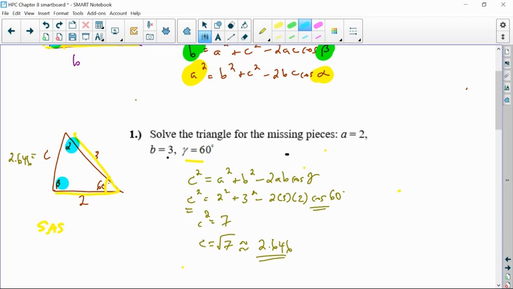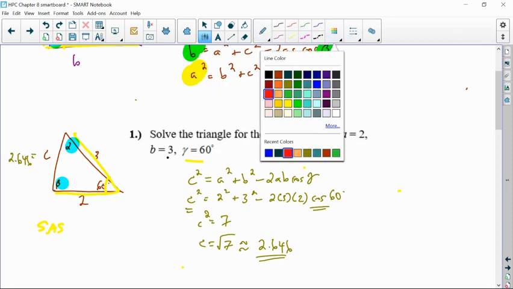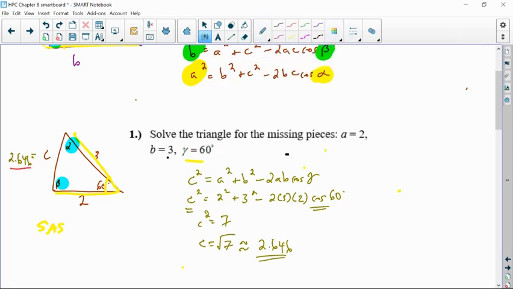I know one side length is 2.646, one side length is 2, and one side length is 3. So if this triangle were to have an obtuse angle, it'd have to be the one that's opposite the largest side, which is opposite 3. So don't solve for that one first. Don't find angle B or beta. Find the one that you're guaranteed to be acute.